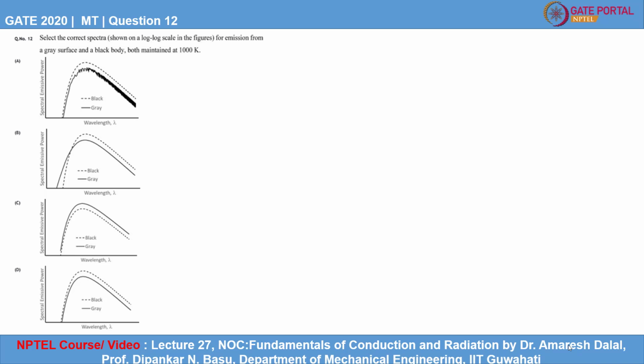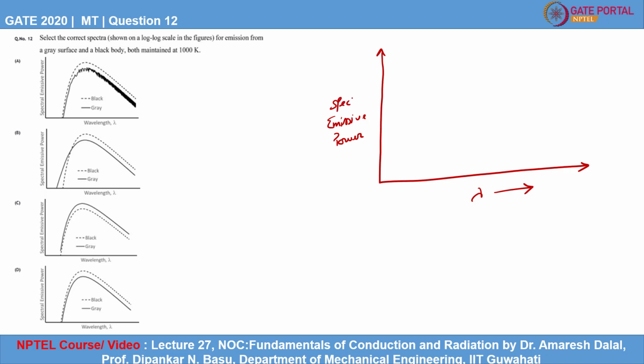Okay. Now, if you look at the spectra, for a black body, this is your wavelength and this is your emissive power. That is the spectral emissive power.